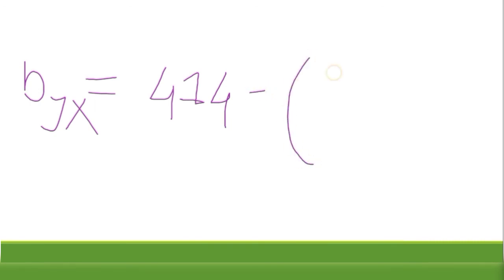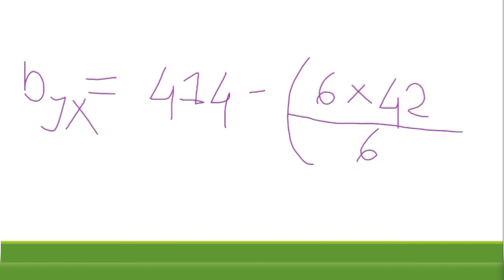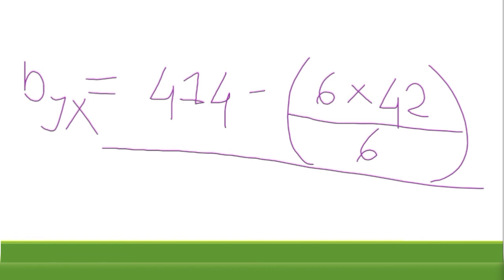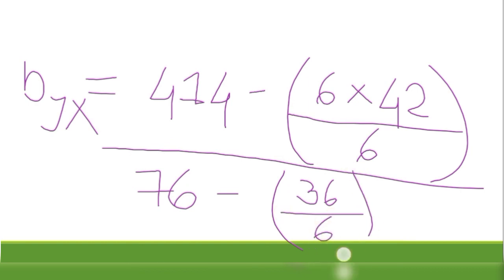So byx is equal to sigma dx dy, which is 414, minus sigma dx, which is 6, into sigma dy, which is 42, divided by n, so it's 6, divided by sigma dx square, that is 76, minus sigma dx whole square, which is square of 6, and square of 6 is 36, divided by n, which is 6.